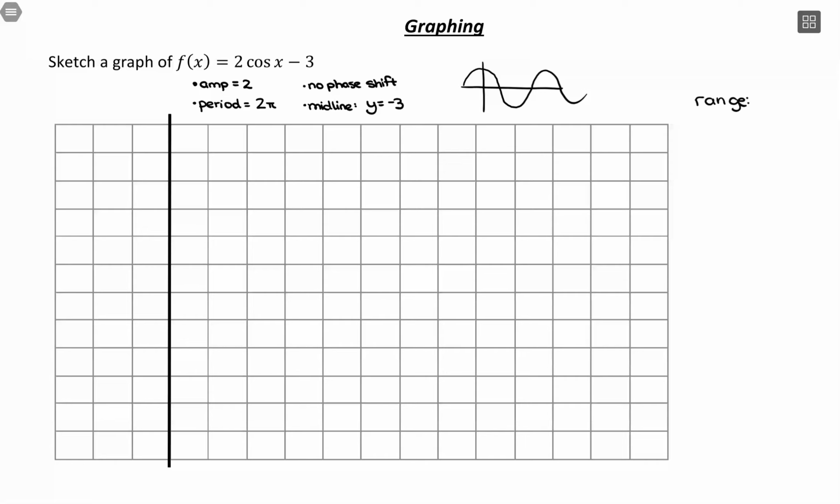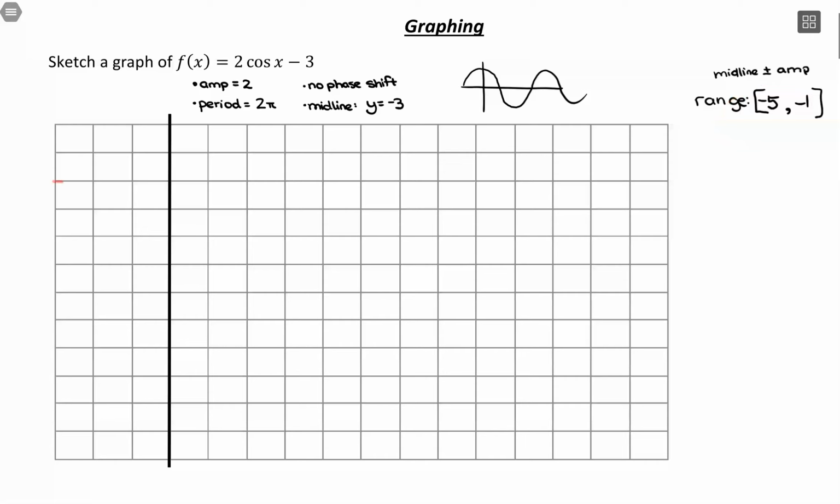We'll have 2 values, and it'll basically come down to the midline plus or minus the amplitude. So the midline, -3 minus 2 would be -5, and -3 plus 2 would be -1. So that gives me an idea of the possible outputs I'm seeing. So I'm seeing values from -5 to -1.